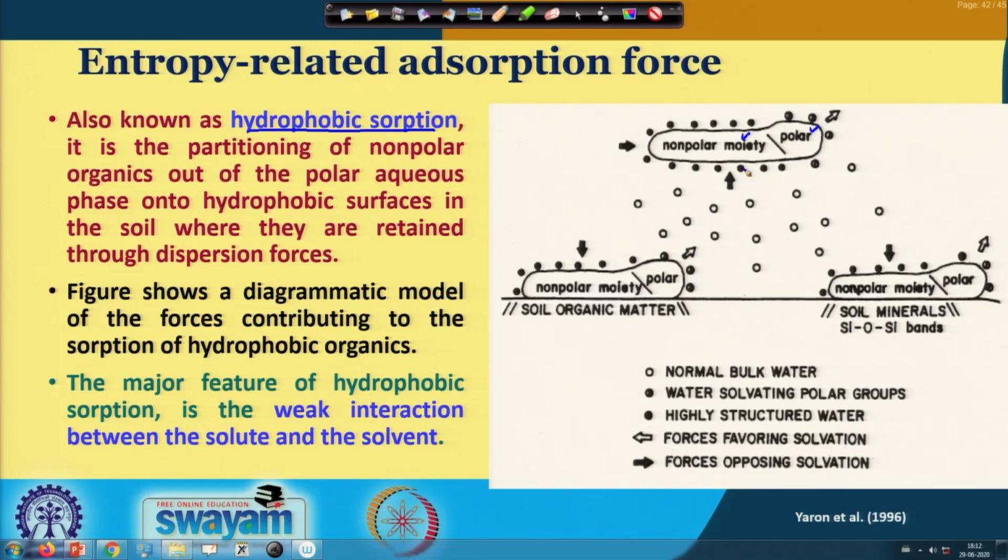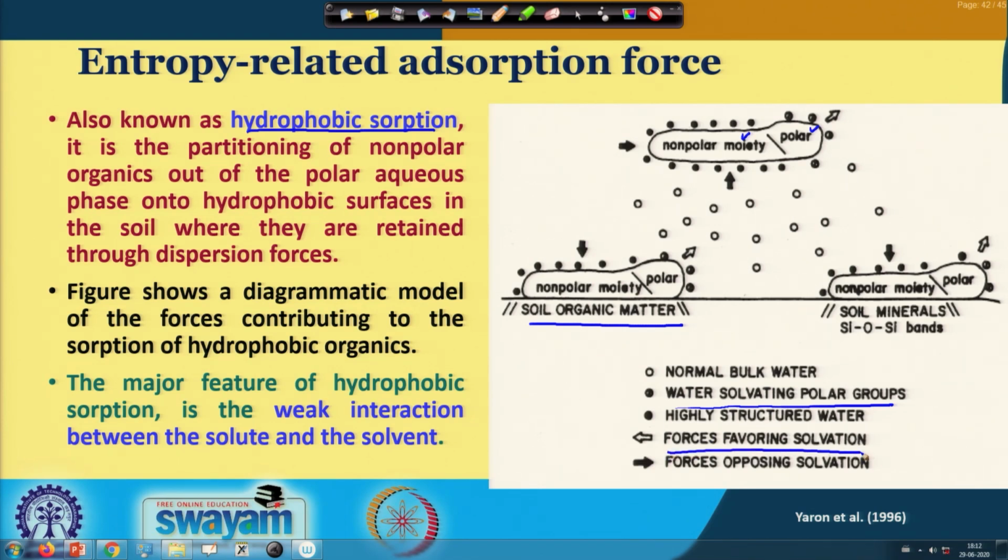These small black dots are water solvating polar groups, and these are also highly structured water. Now, you can see here the soil organic matter, the nonpolar moiety is attached, and the polar aqueous phase is facing forces favoring solvation.